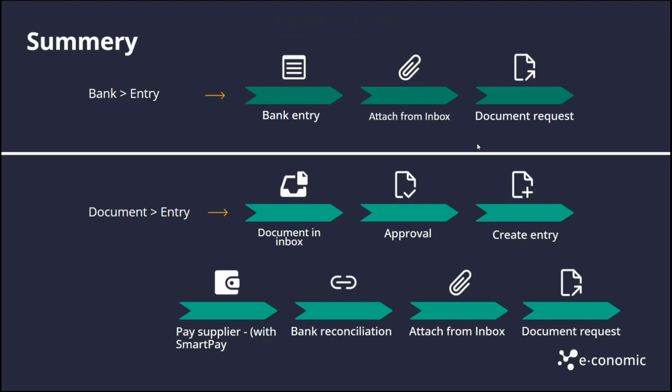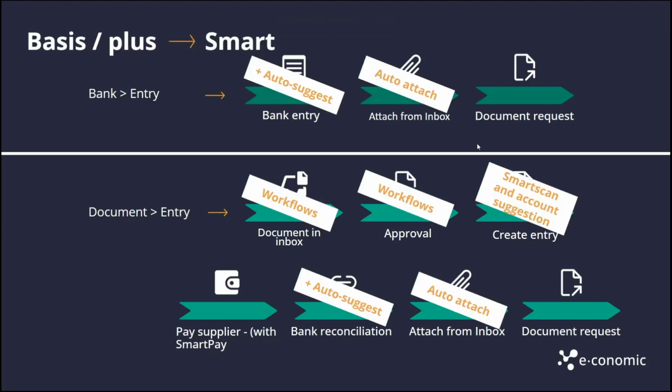If you would like to see the automatic features, I can just skip to the next slide. Here you can see what automatic features you'll get if you upgrade to the Smart package. So it's just to show you how you can automate your workflows. This is just for the ones that are interested in that. And you can hear more about the automatic features in the course for document management when you're working in the Smart package, which is also an online course.